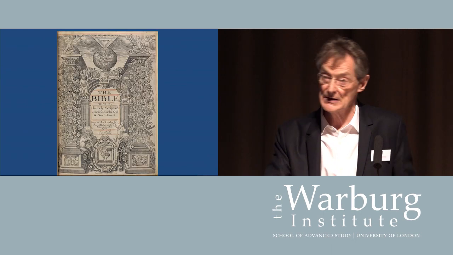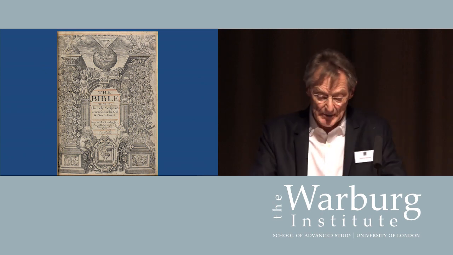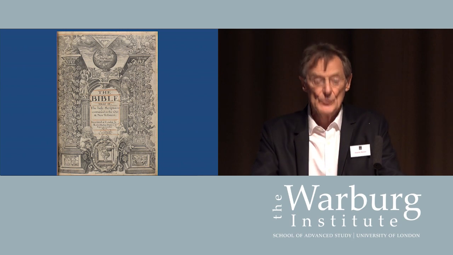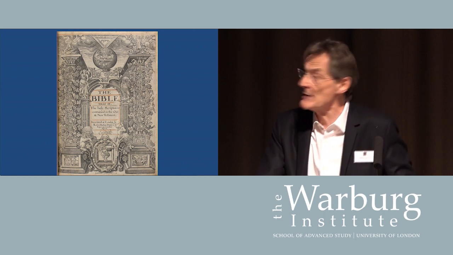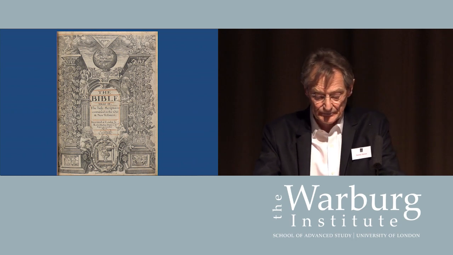So with the printing of the Geneva Bible in England in 1607, you first get it. This is William Hole's frontispiece. As you see, at the top, it is dominated by a triangle which encloses the Tetragrammaton, the standard version of God's name in Hebrew.